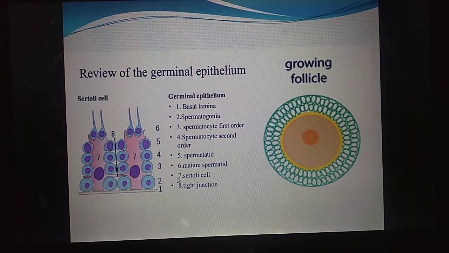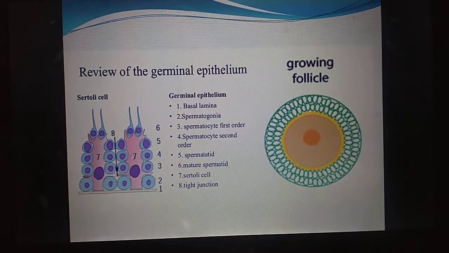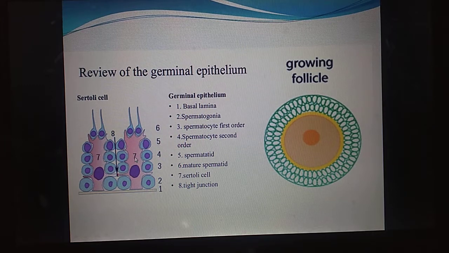The first one is the germinal basal lamina, then the second is spermatogonia, the third you can see spermatocytes, first order, the fourth spermatocyte, second order, the fifth is spermatid, and the sixth is mature spermatid, and the seventh, if you see, is the Sertoli cell. Sertoli cells are those cells which are also present within the germinal epithelium, and their main function is that they help in the production of sperm.